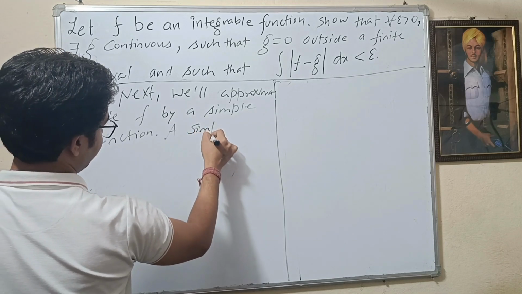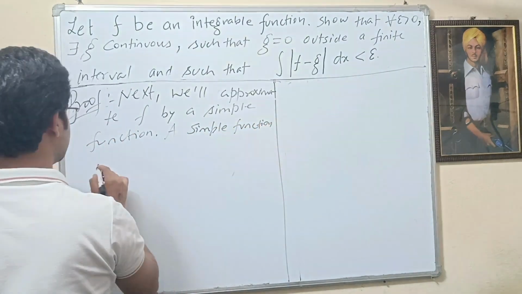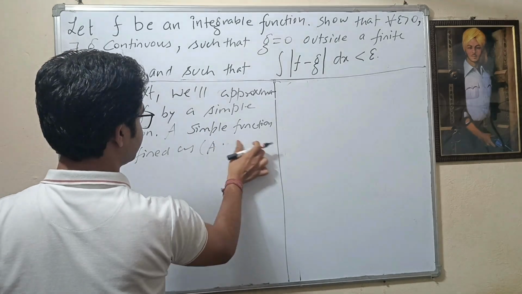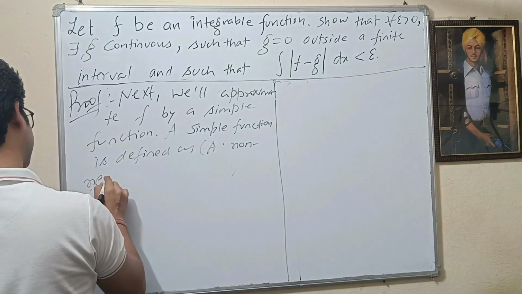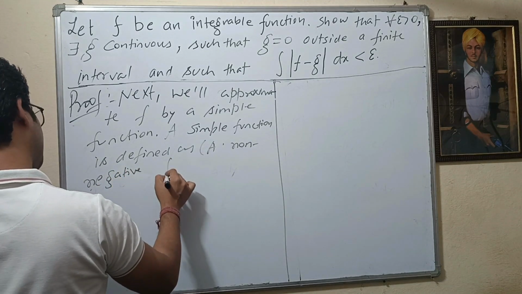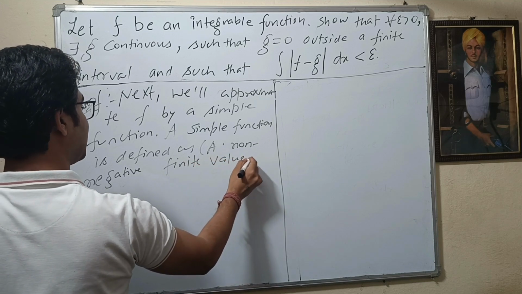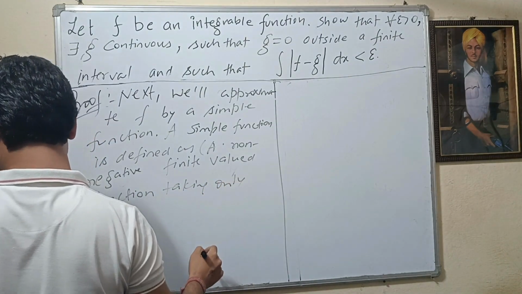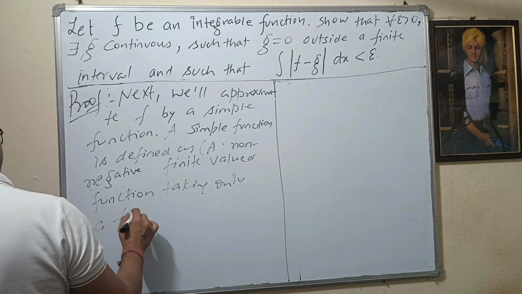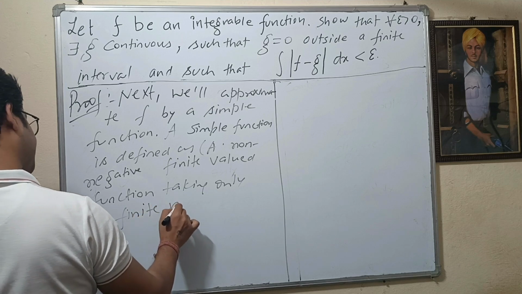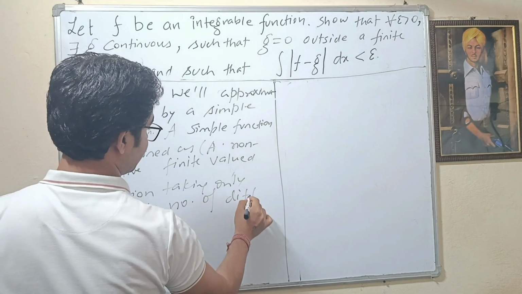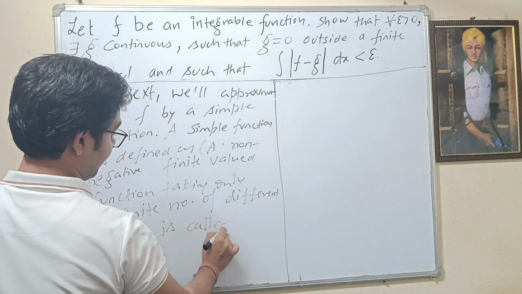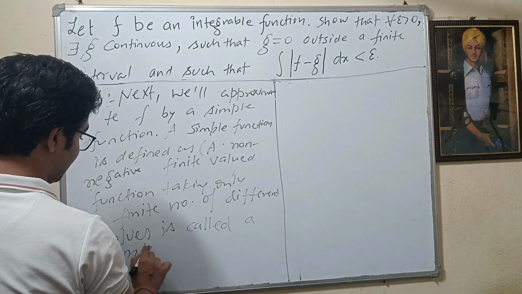A simple function is defined as a non-negative finite valued function taking only a finite number of different values, and it is called a simple function.